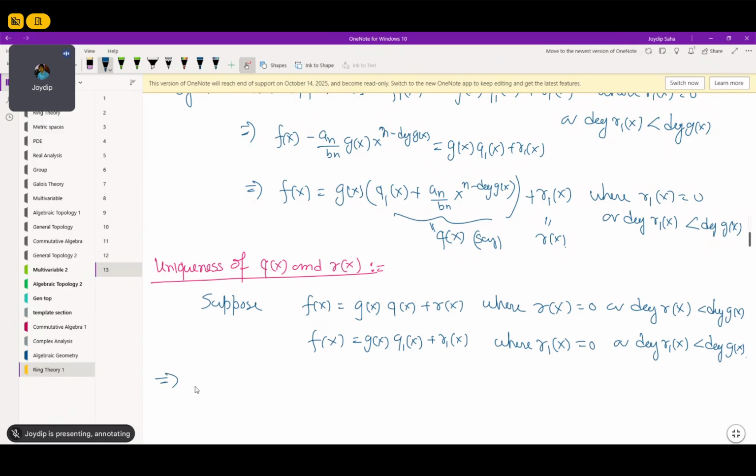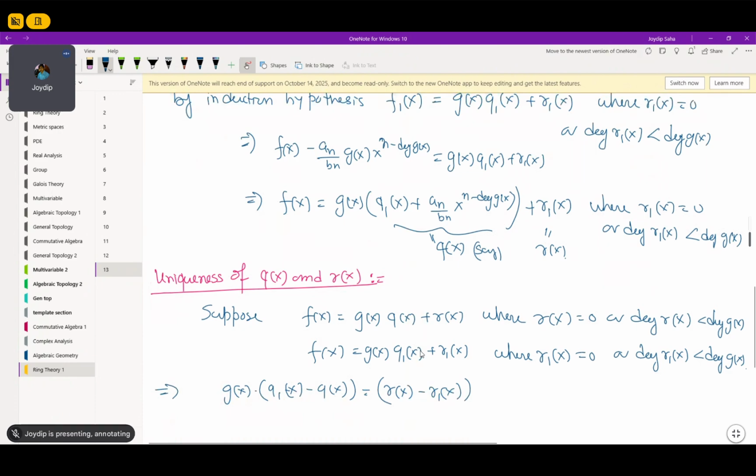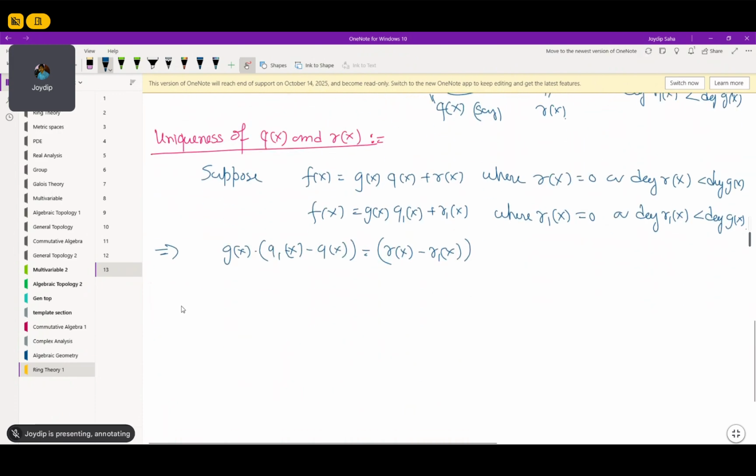So you can write it as g(x) into q1(x) minus q(x) equals r(x) minus r1(x). Comparing degree, on this side, what is the degree?